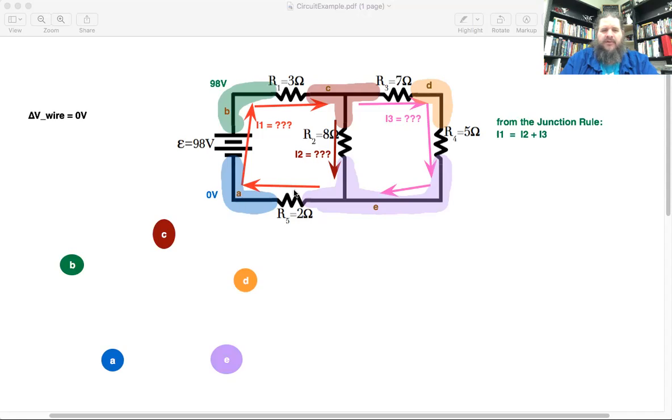Yeah, we've got one resistor and one battery. Specifically a battery connecting node A to node B.